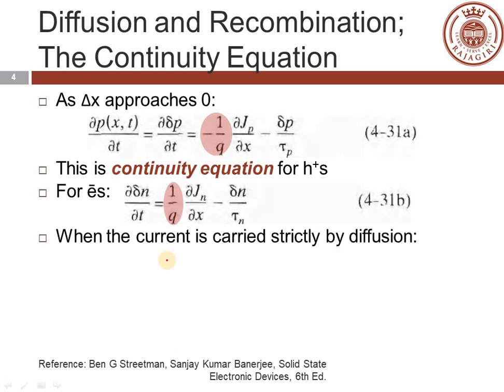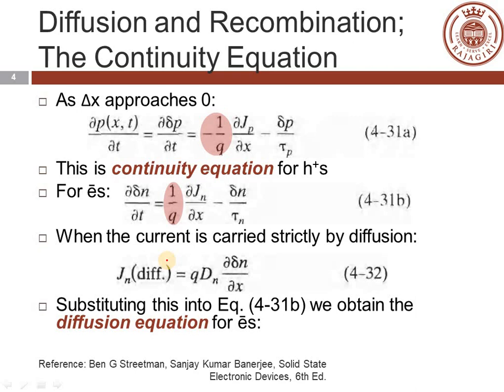So when the current is carried strictly by diffusion, in the previous session you have seen the diffusion current equation for electrons, which is q into dn, derivative of n with respect to x. So here, as we are considering excess carriers, Jn of diffusion is equal to q Dn dou by dou x of delta n.